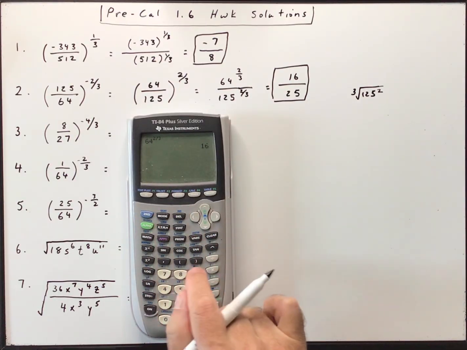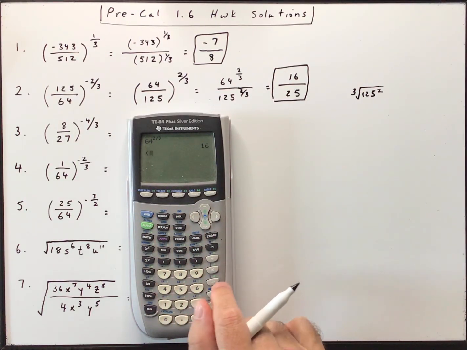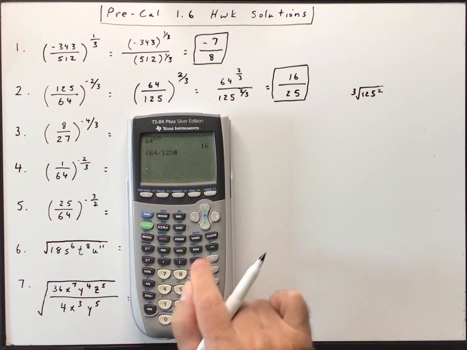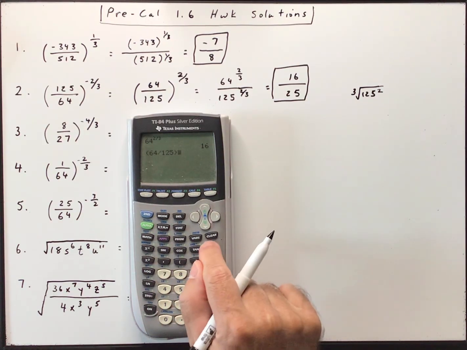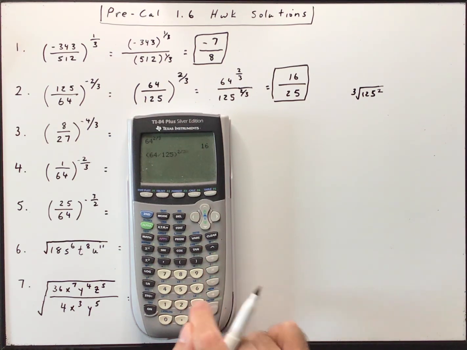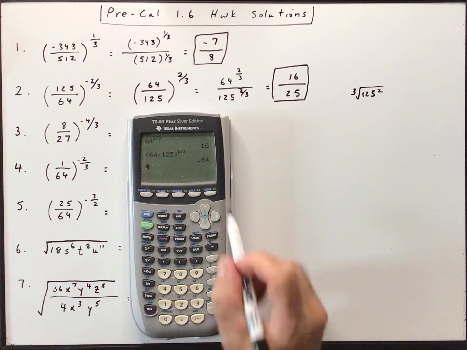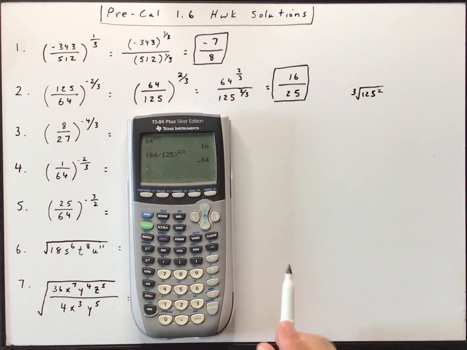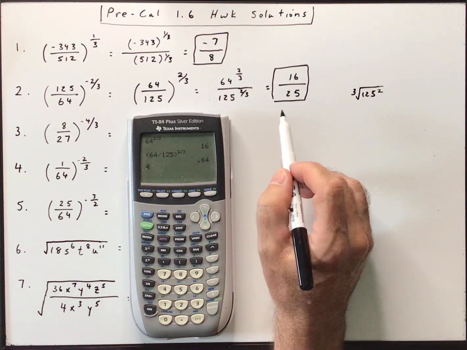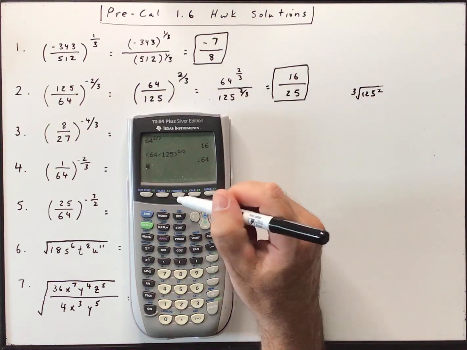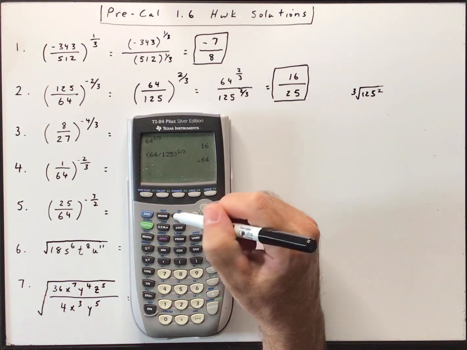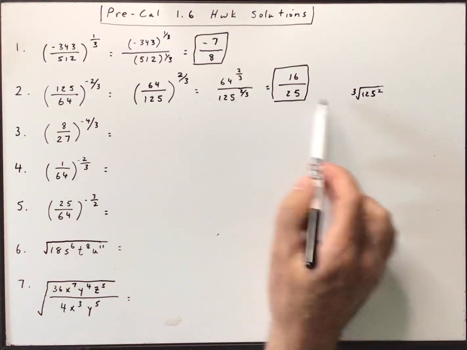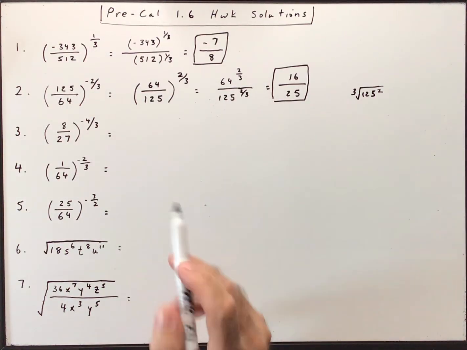So we can try, if you want to, let's see, if we do the left parenthesis, 64 divided by 125, right parenthesis, and then raise that to the 2/3 power, it'll give you the decimal equivalent, 0.64, of 16 over 25. But what I'm looking for is the fractional equivalent, which you should be able to go into mode and change that to fraction if you want to check it that way. But I want to see this kind of work on your paper.